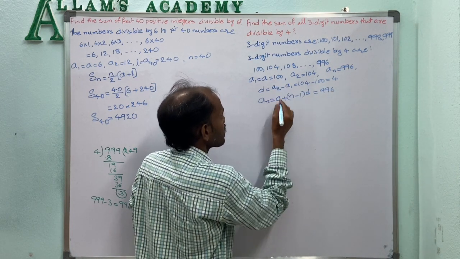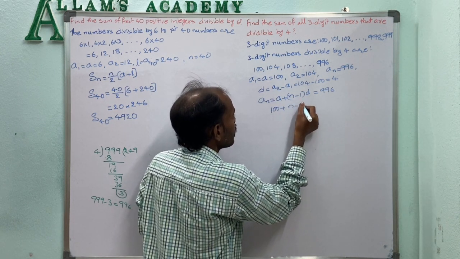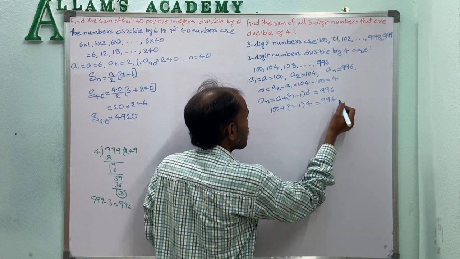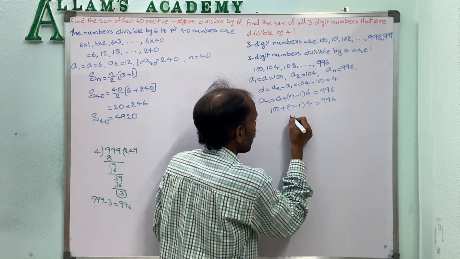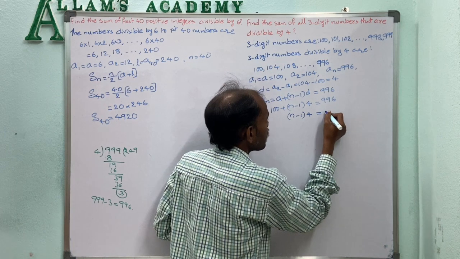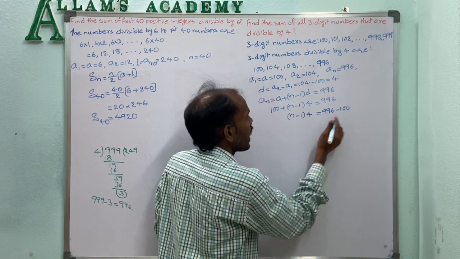The a value is 100 plus n minus 1 into d equal to 4, equal to 996. Now this plus 100 transfers to the RHS, that is minus 100. So n minus 1 into 4 is equal to 996 minus 100.